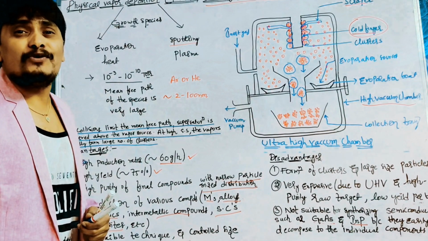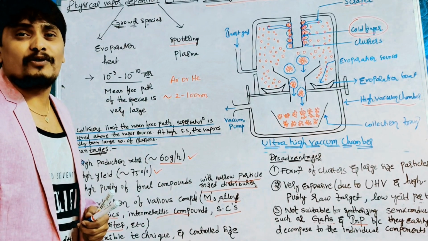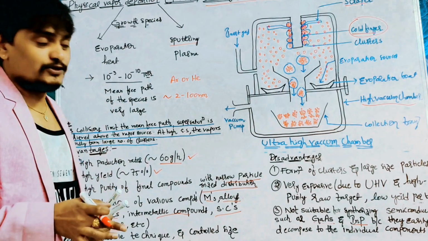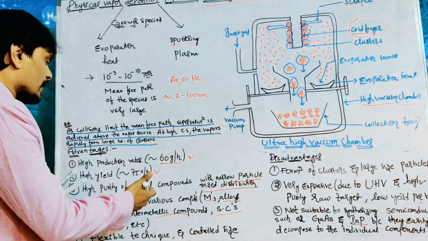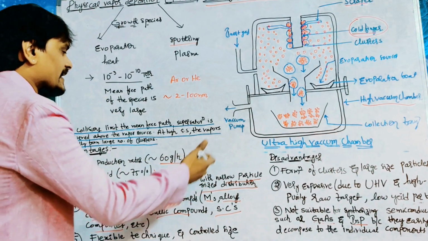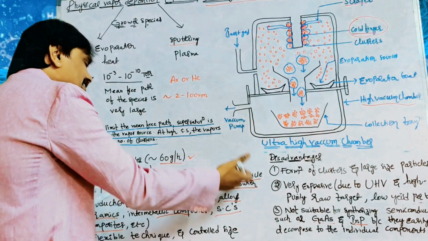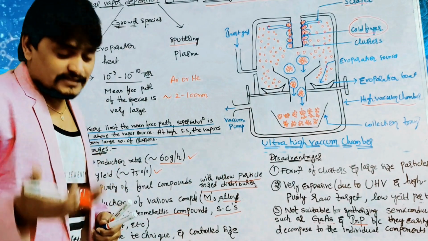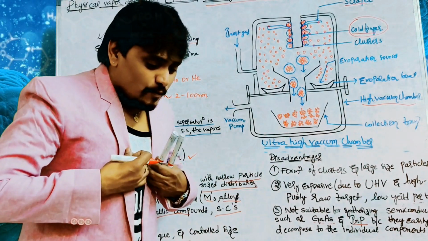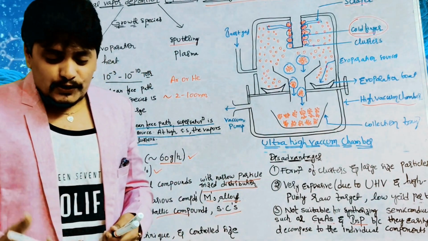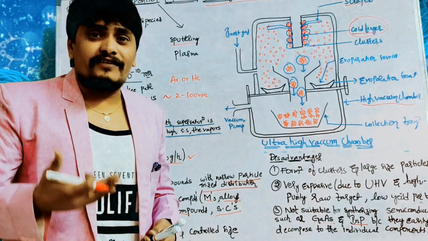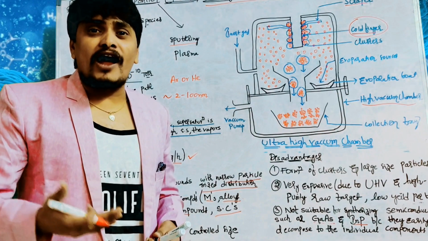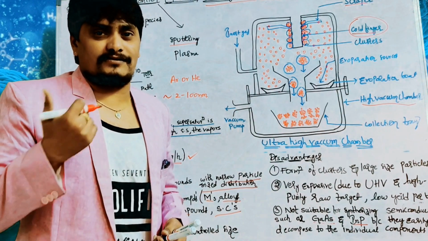Why are highly pure nanoparticles going to be produced? Already I have explained to you. Right. So highly pure final compounds with narrow particle size distribution. Already I discussed that, whatever nanoparticles are going to be produced during this inert gas condensation will be in the range of 200 nanometers.